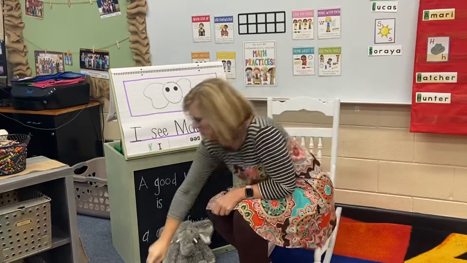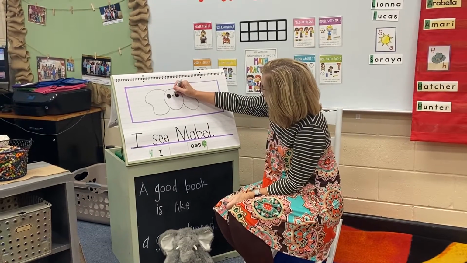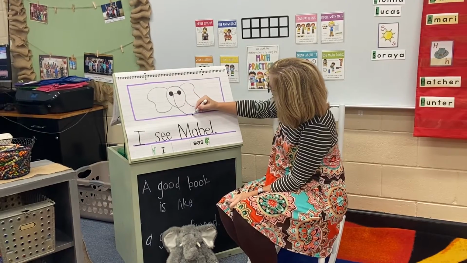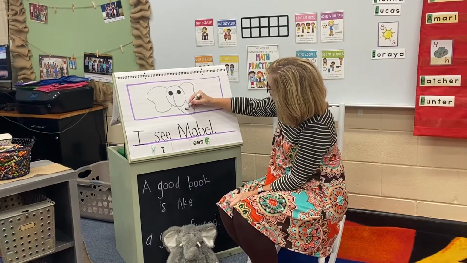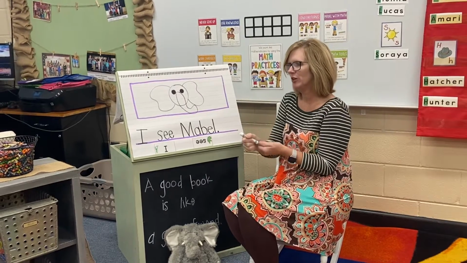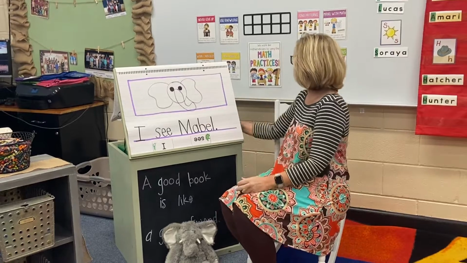And then I'm going to draw Mabel's trunk. Mabel's trunk is gonna kind of start right here, and it's gonna come down and around and back up. And there's Mabel's trunk.